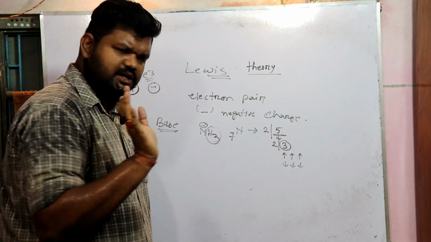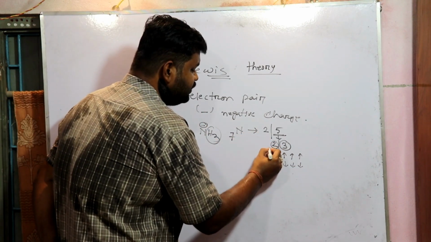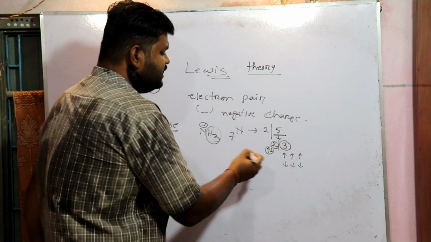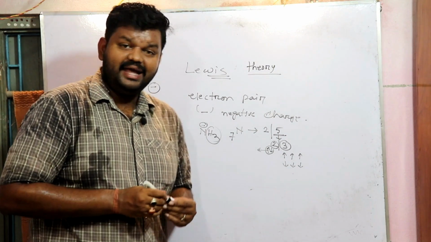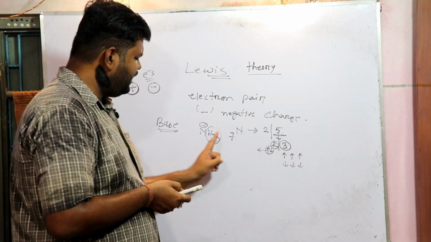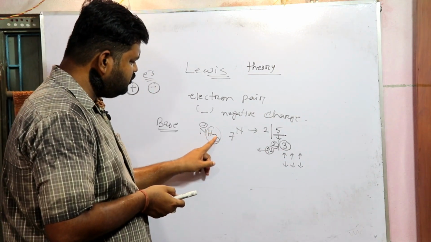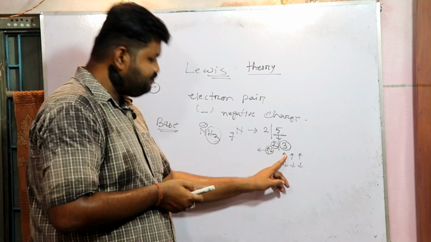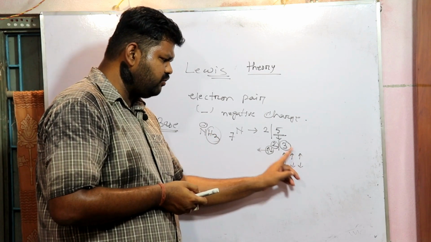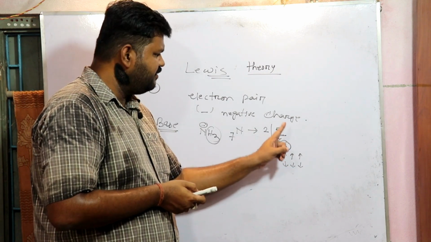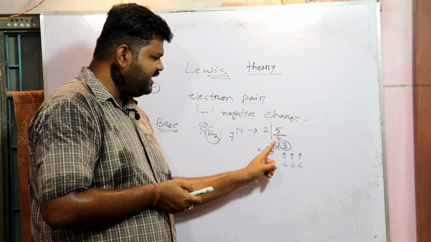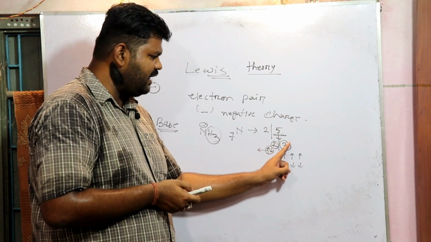No problem with that. But these two electrons are in paired position. These two paired electrons are not participating in the bonding, because we can see only 3 hydrogens are required to satisfy these 3 electrons of nitrogen. These 5 electrons are the valence electrons, divided into 2 parts, one is 2 and another is 3.